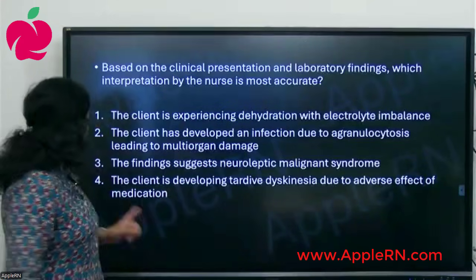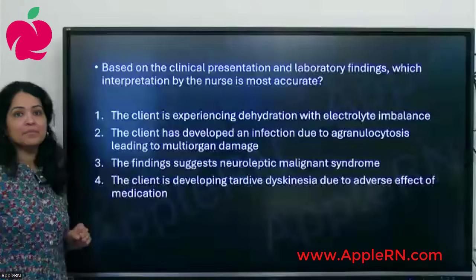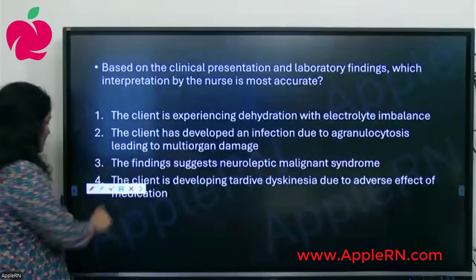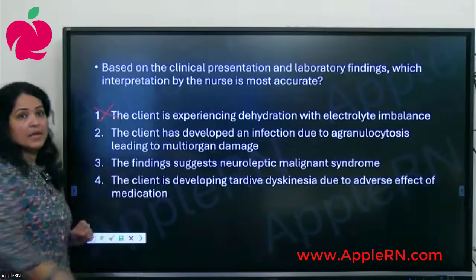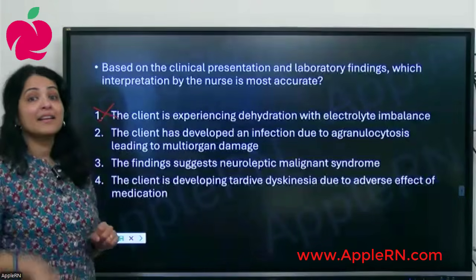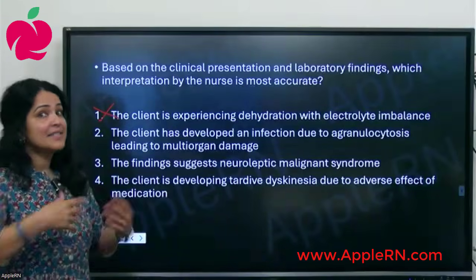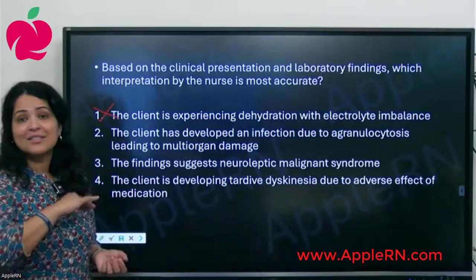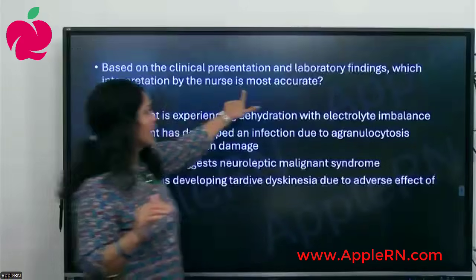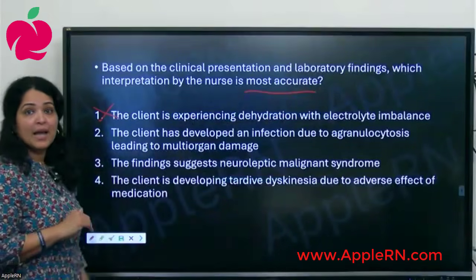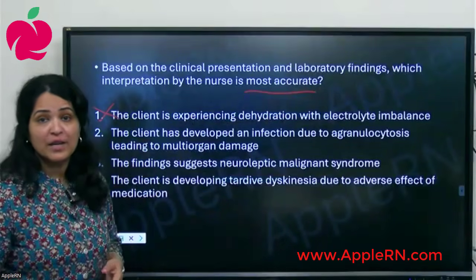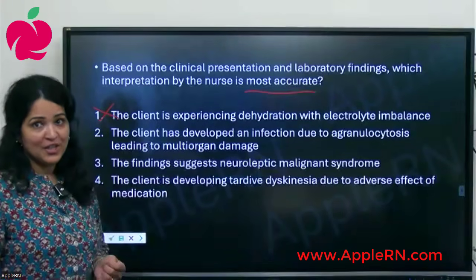So I would definitely take out the first one. It's not specific, and there is more in the lab values than just an electrolyte imbalance. So that's not going to be the most accurate for me. And it has no direct relation to the antipsychotic medication.